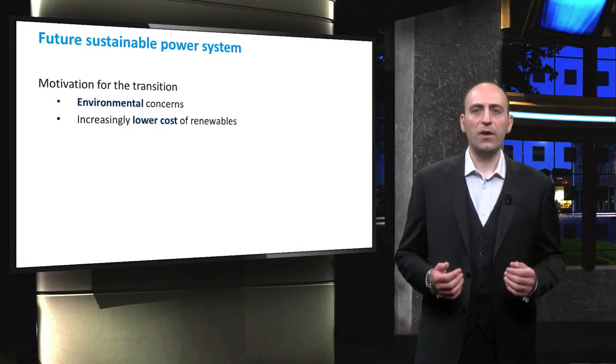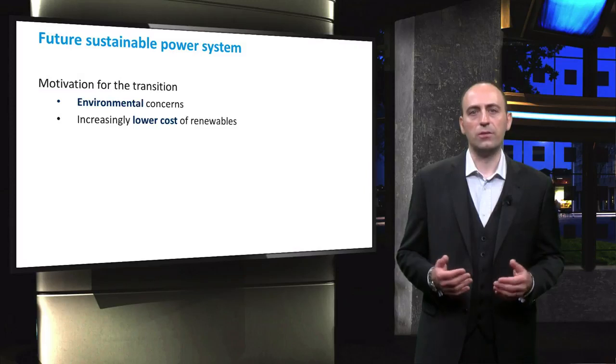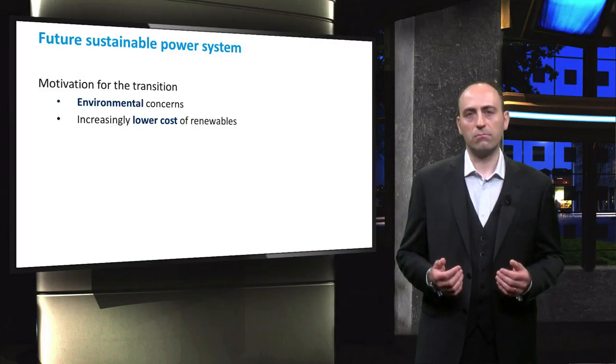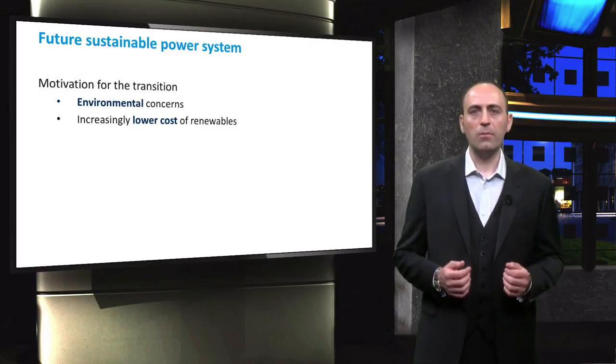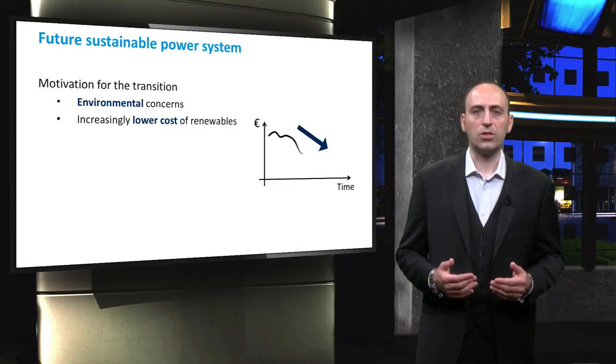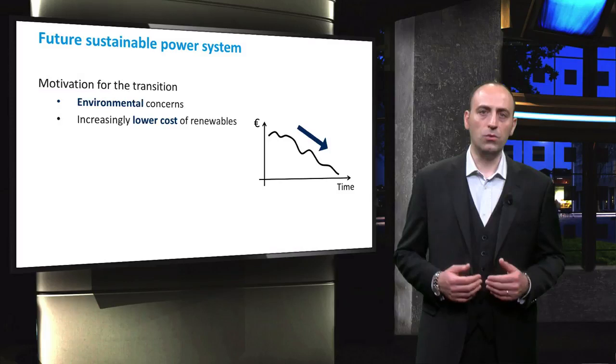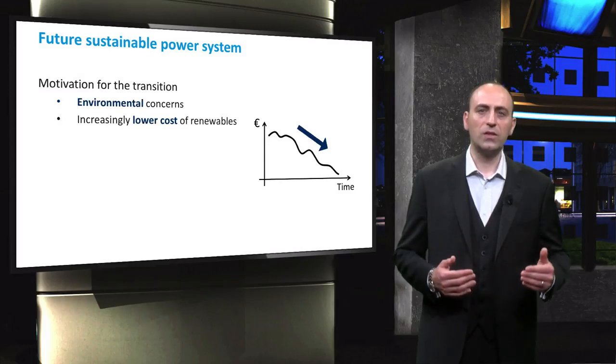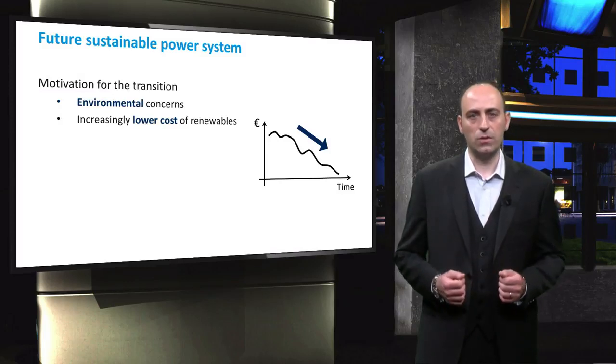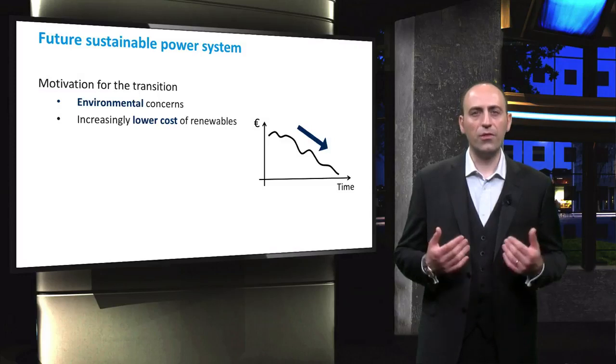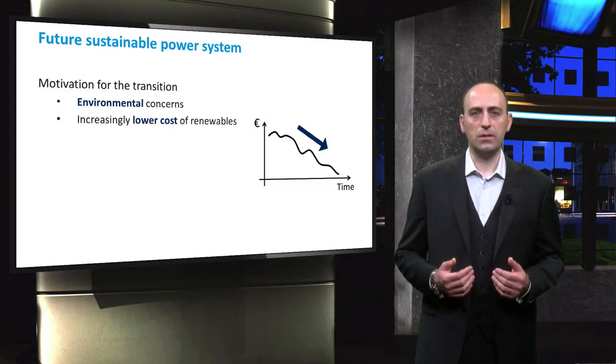The arguments in favor of a renewable energy transition are many, but the two main ones are regarding environmental concerns, such as climate change. The second main reason is that renewables, such as solar and wind energy, are becoming cost-effective due to research investment and the large-scale implementation of these technologies. We therefore need to rethink our transmission system.